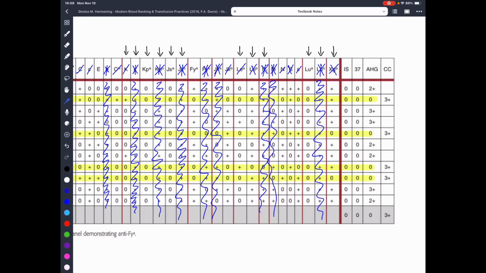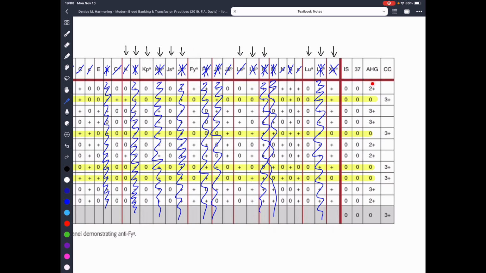Looking at LUA, again there's not any LUA present in the reagents. So we cannot rule out LUA, because we don't know what the reaction is against LUA since there's nothing in any of the reagents. Like before, further testing would need to be done to determine if there are antibodies against LUA. But so far, it looks like FYA is the target of the patient's antibodies.